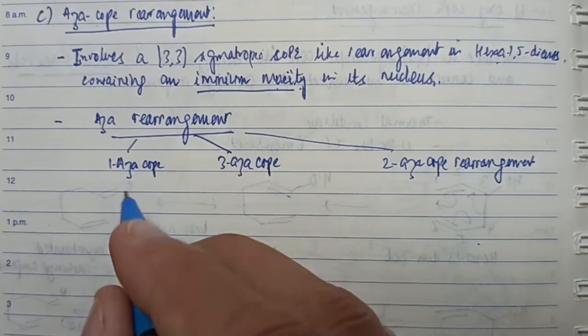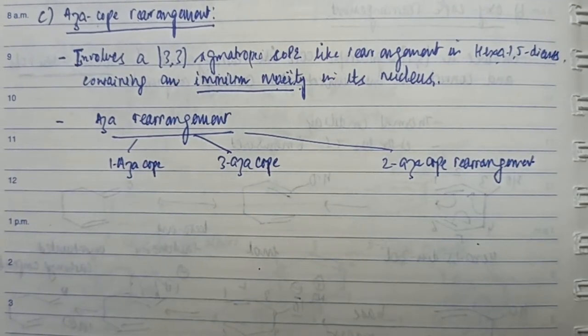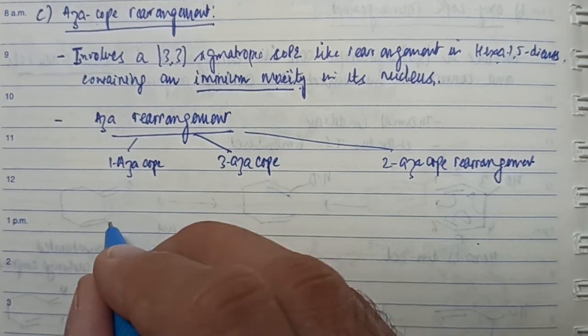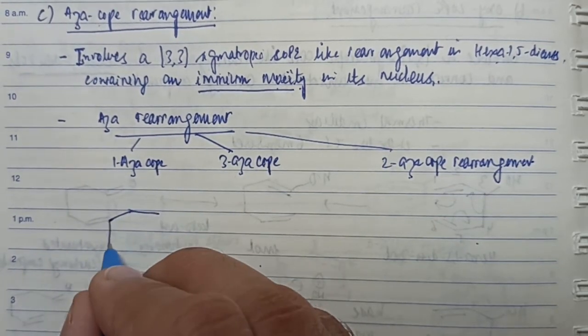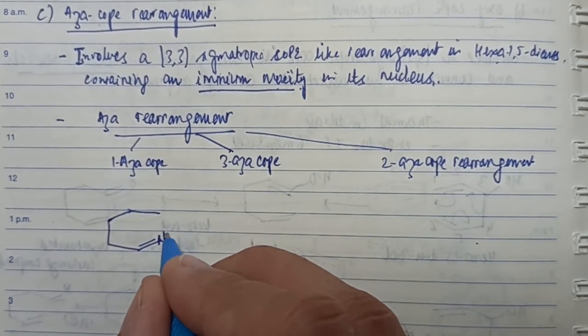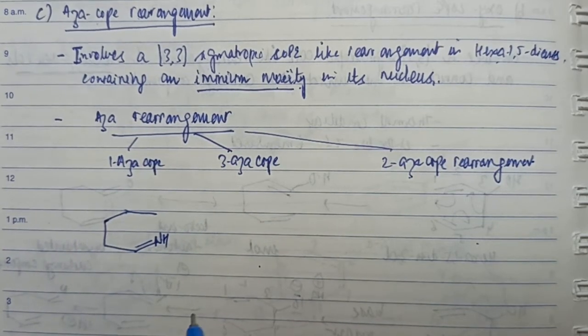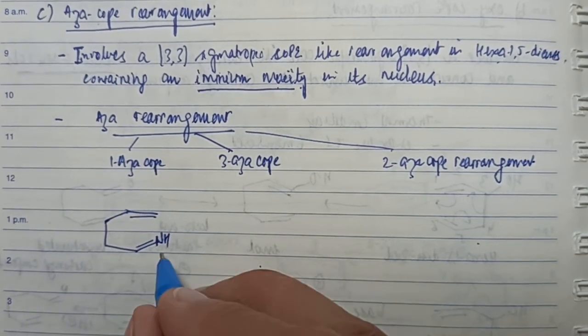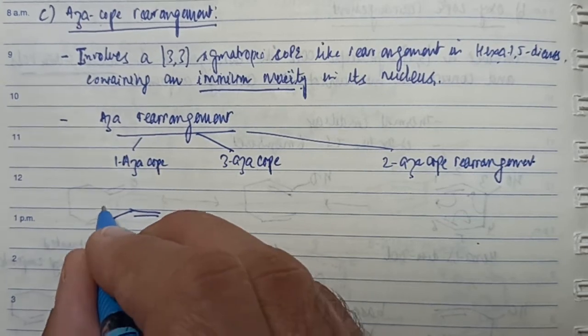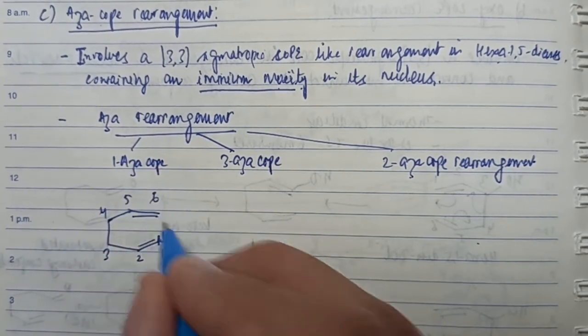When we write 1-aza-cope rearrangement, this means we are considering a system in which you have an imine moiety at the first position of the 1,5-hexadiene system like this. So this is my 1,5-hexadiene system with an imine moiety at the first position.